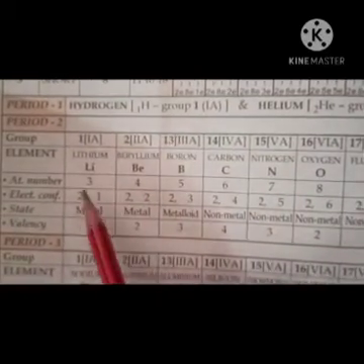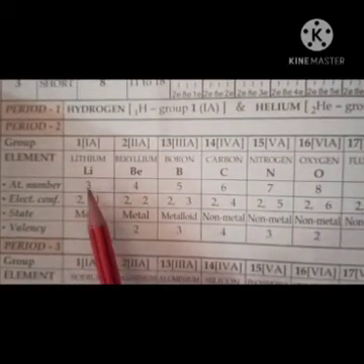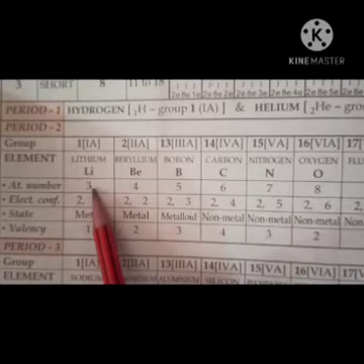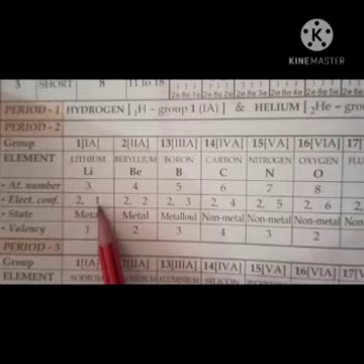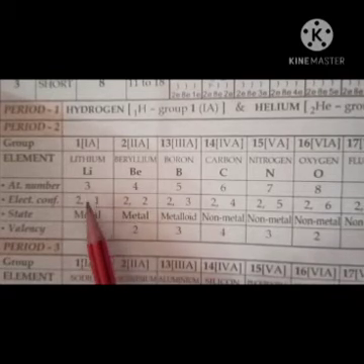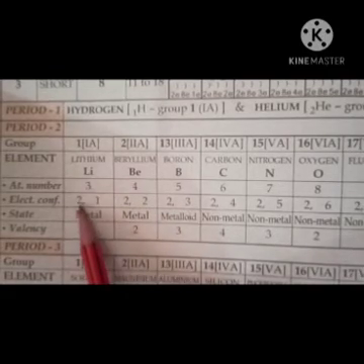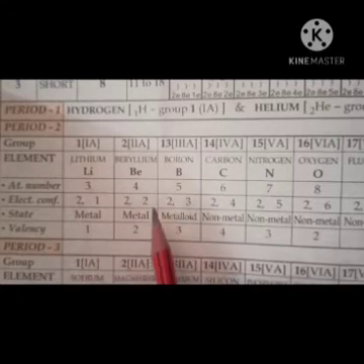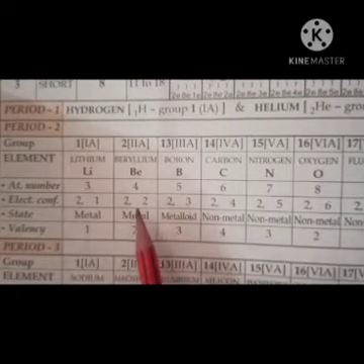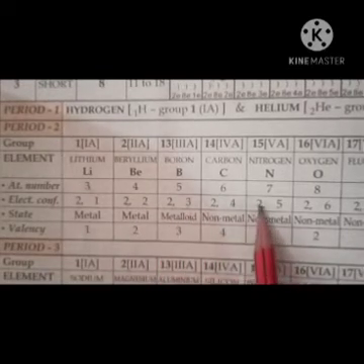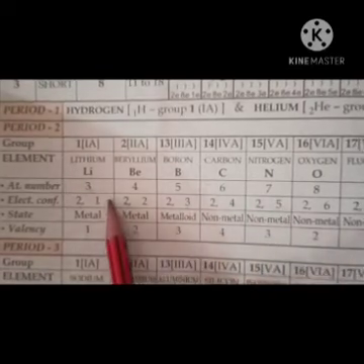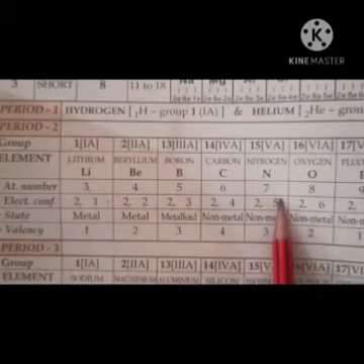Right? Now just look at the trends in properties in a period. If you see, the atomic number increases by 1, and the electronic configuration also increases by 1. Here lithium has atomic number 3 and configuration 2, 1, then 2, 2, then 2, 3. So the number of valency electrons increases by 1 when you move from left to right.